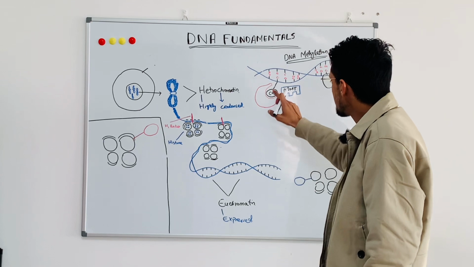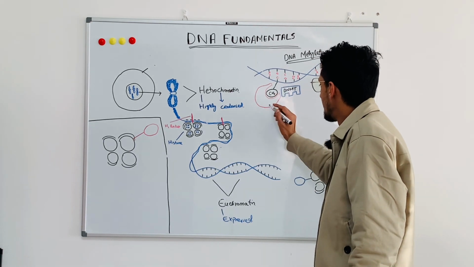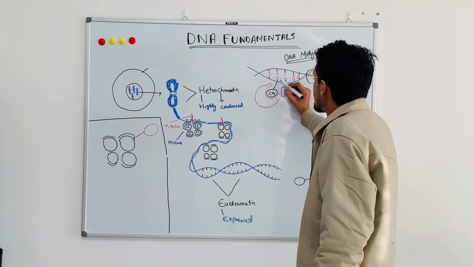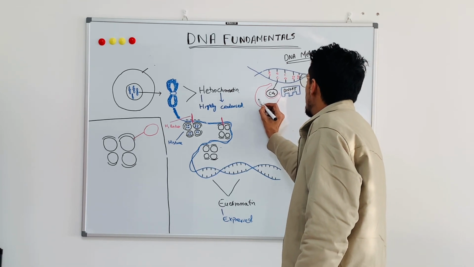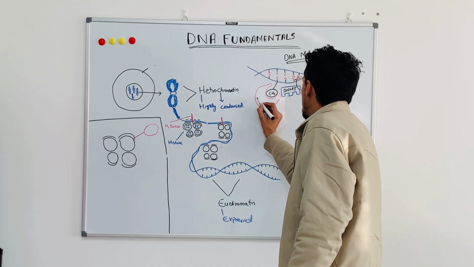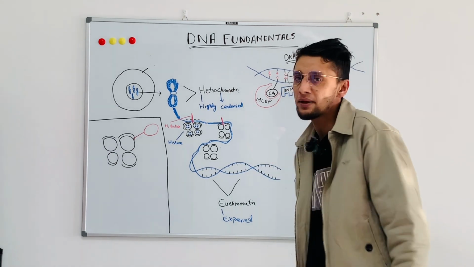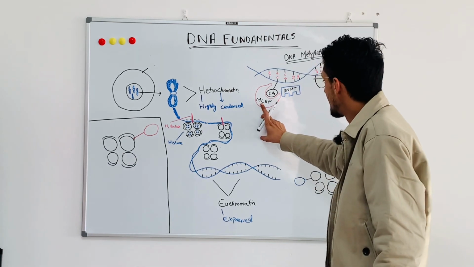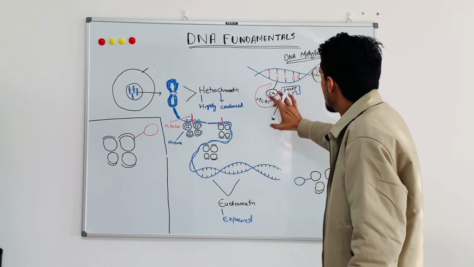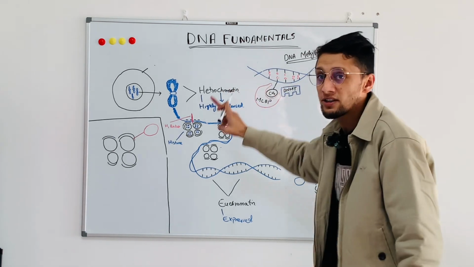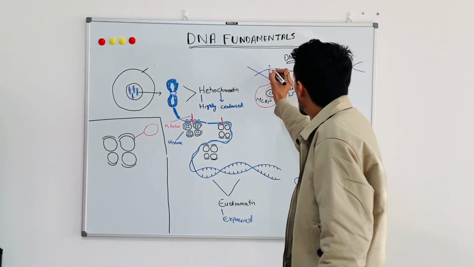When this methyl group is added to the cytosine, there comes a protein that binds with methylated cytosine, right? This is the methylated cytosine binding protein, MCBP. What does this methylated cytosine binding protein do? These proteins don't let this portion of DNA be transcribed.